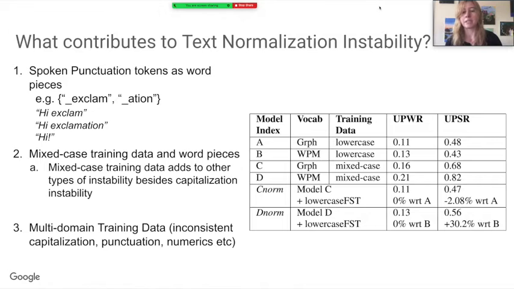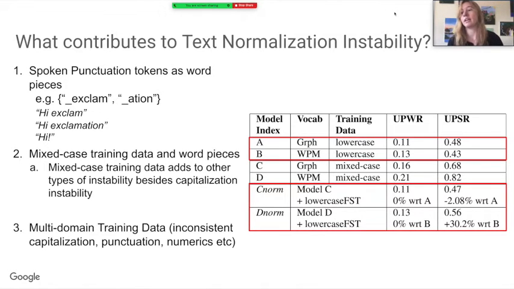When we switched to mixed case training data, the instability rates of both rose. We then lowercased the outputs of both models, and we found that while the grapheme instability dropped back to baseline levels, the word piece model did not. This indicates that there's probably an additional interaction between mixed case training data and instability.